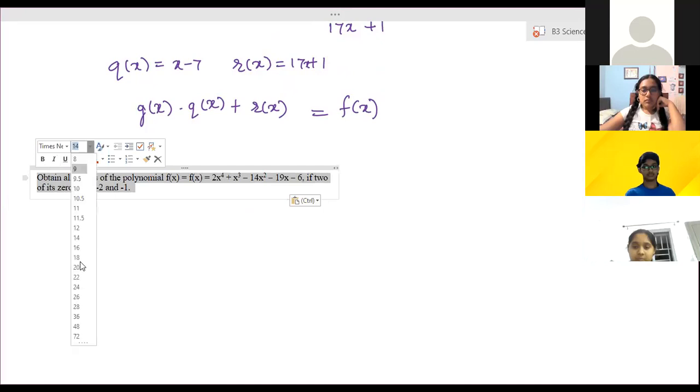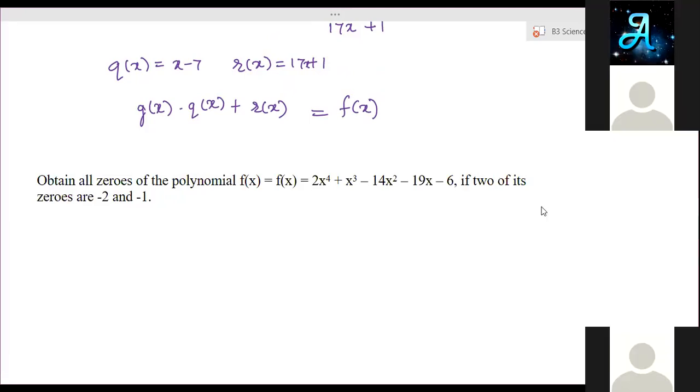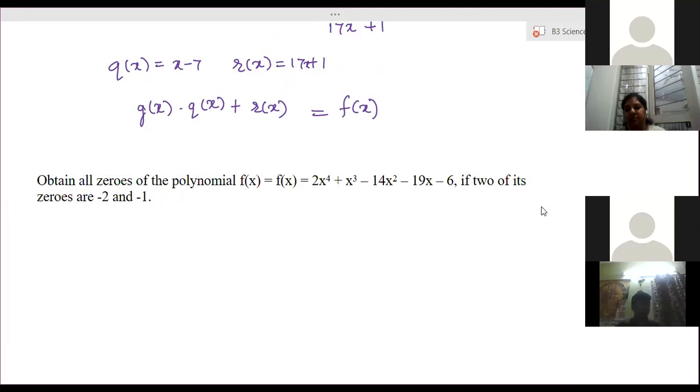Last year you solved similar questions, but there, for cubic polynomials, you calculated zeros and factors, right? Do you remember that? Yes, ma'am. In the polynomial chapter, your cubic polynomial was given and you had to factorize it. So what was the first step?